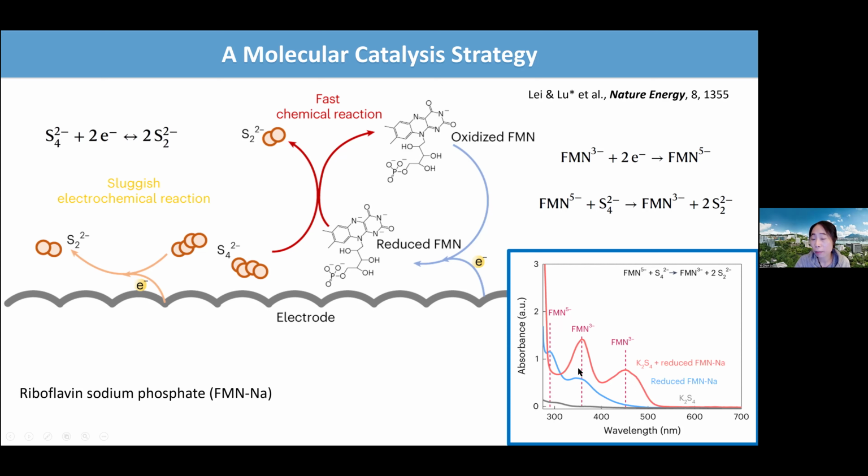Once you chemically mix them, you can see immediately we form FMNA 3-, to indicate the charge transfer between the reduced FMN and S4 2-. Okay, so this is an indication that this reaction actually exists.